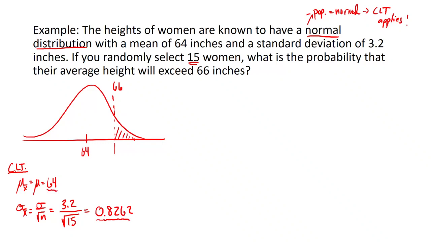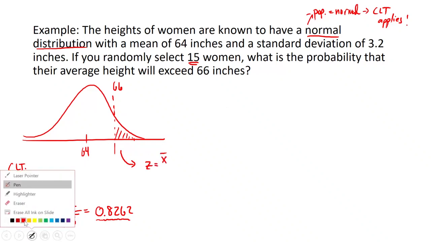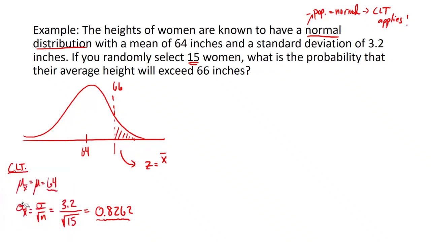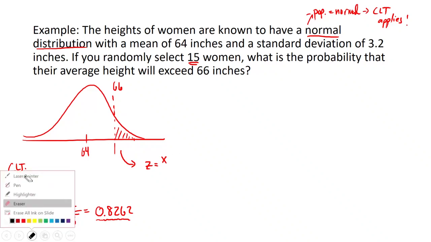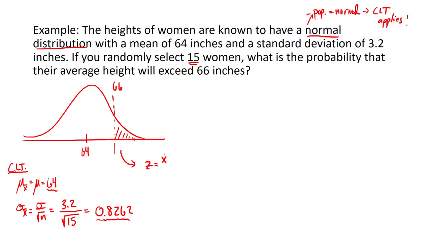So the problem is going to be solved exactly the same way. We're still going to calculate a z-score, but our denominator is going to change. So I just have an updated z-score formula, basically. Whereas this, I'm going to write the original one. Really, what we're doing is our cutoff is a sample mean.